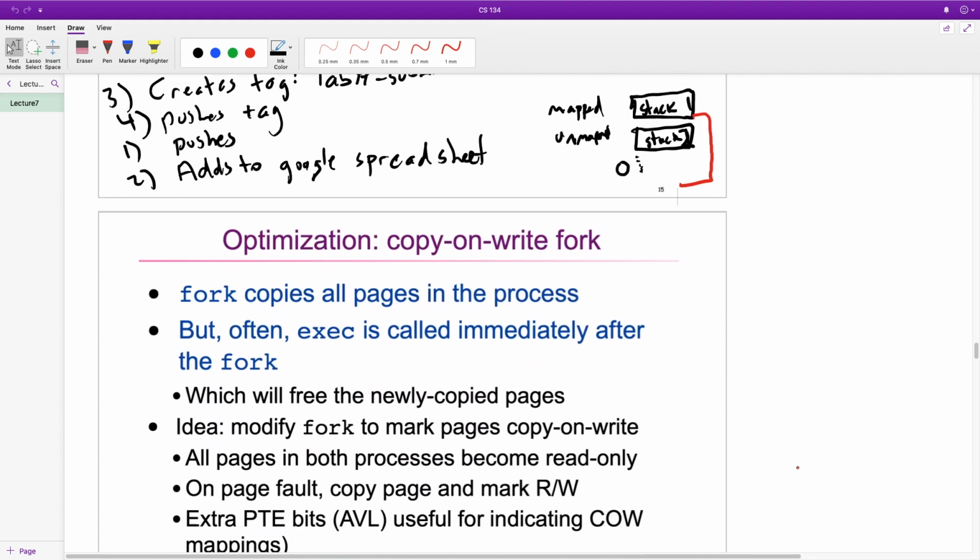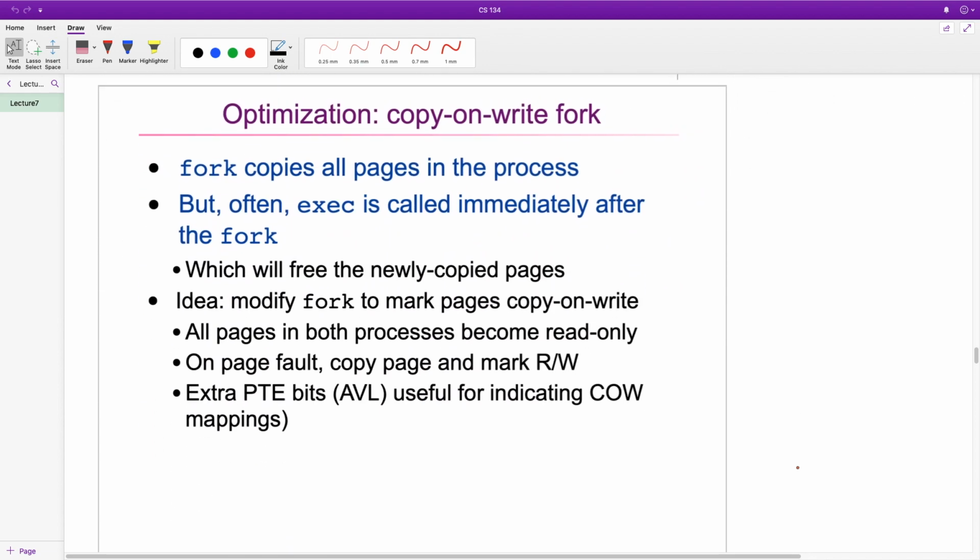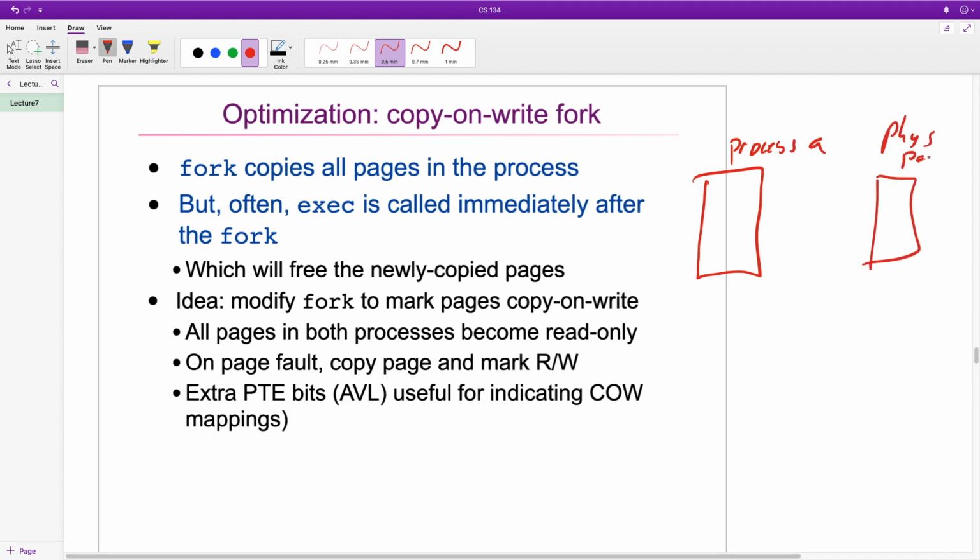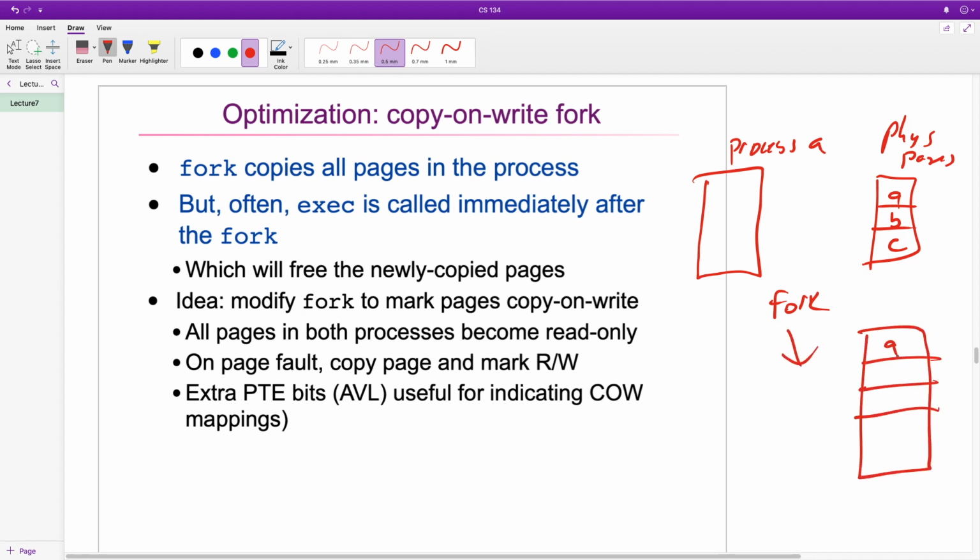All right. Copy-on-write fork. We know fork copies all the pages. So what that means is when we have process A with physical pages A and B and C, when we do a fork, we now have A and B and C, and A prime and B prime and C prime, which are duplicates, right?